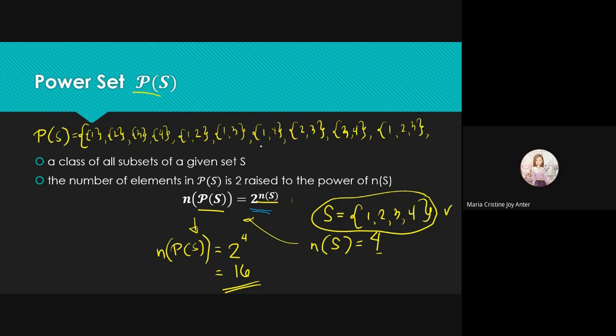Unya 1, 2, and 4. And then 2, 3, and 4. And then, next, containing all 4 of them, 1, 2, 3, and 4. And do not ever forget the null set. So you can just write that symbol.